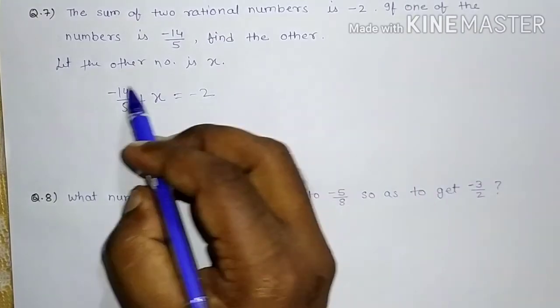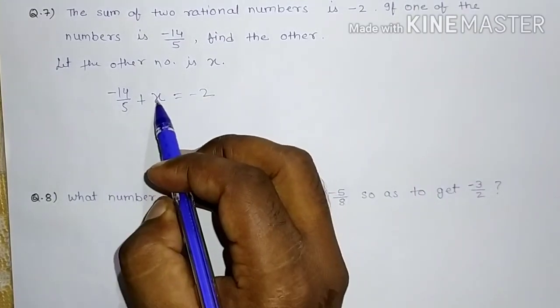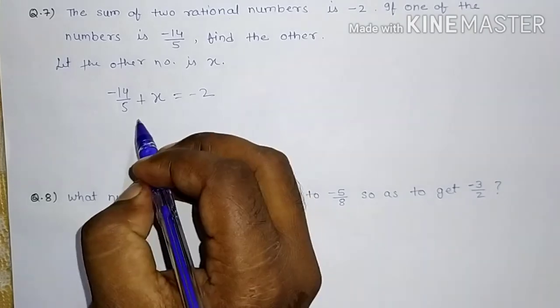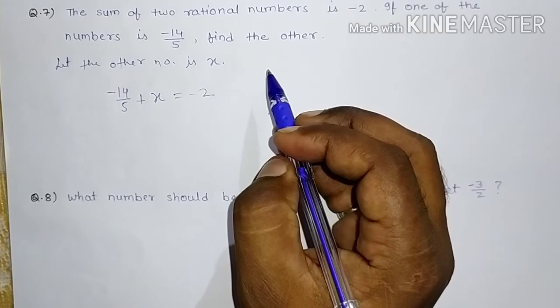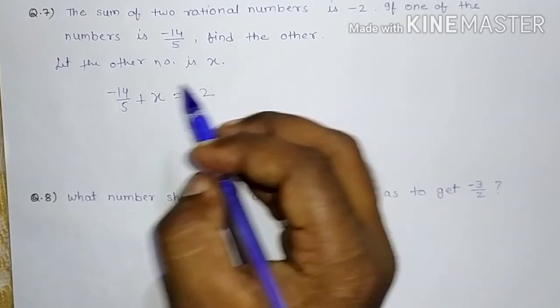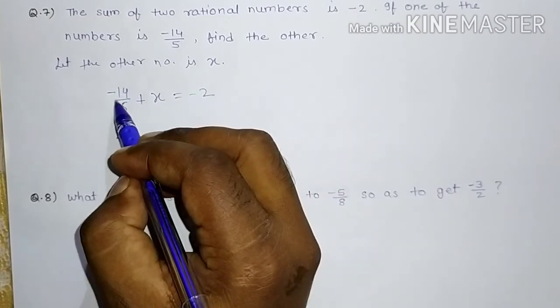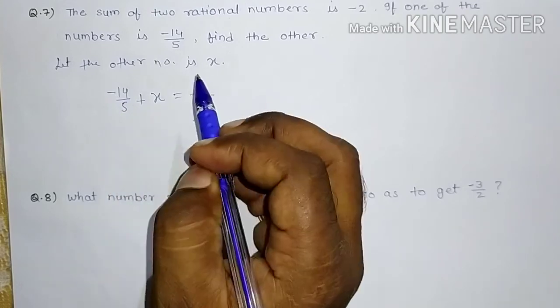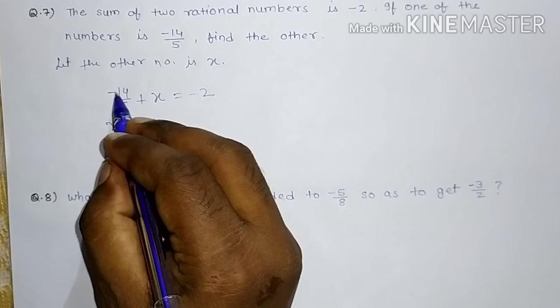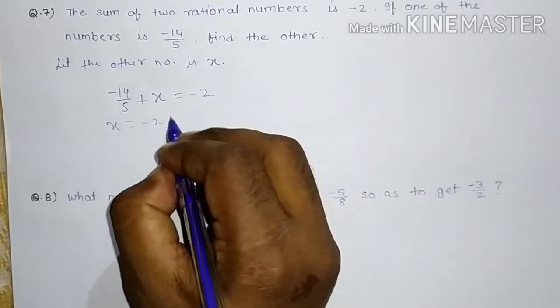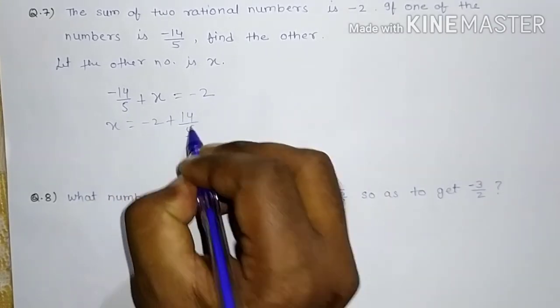In this equation we have to find the value of x. Now minus 14 upon 5 goes to the RHS, and the sign changes. Minus 14 by 5 becomes plus 14 by 5. So x equals minus 2 plus 14 upon 5.